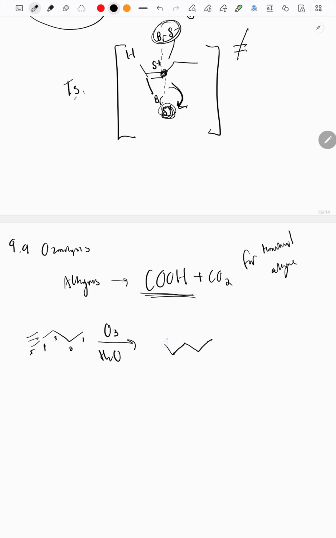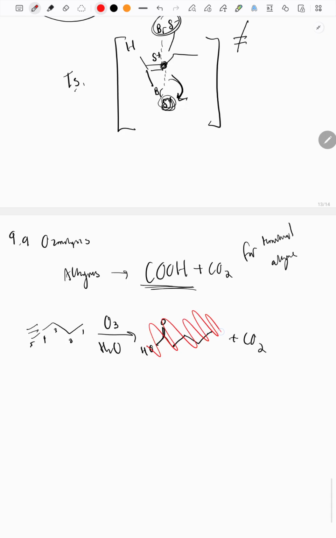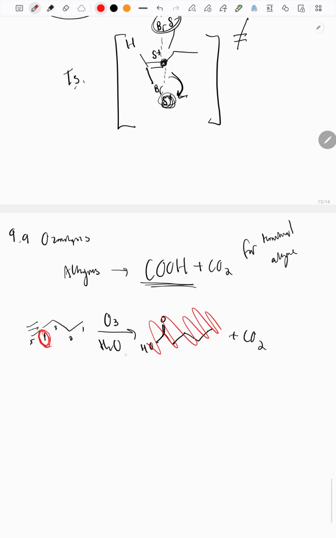I'm not sure if this is the answer. Plus CO2. I'll check. Alright, turns out this is wrong. Our carbon count ends up on the inside portion. It was a 1, 2, 3, 4.